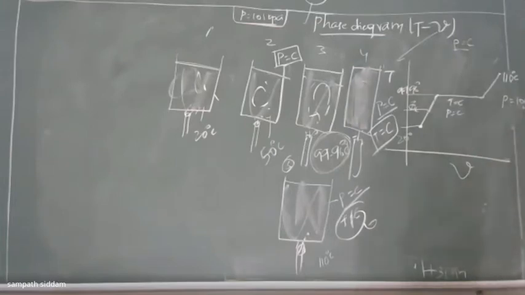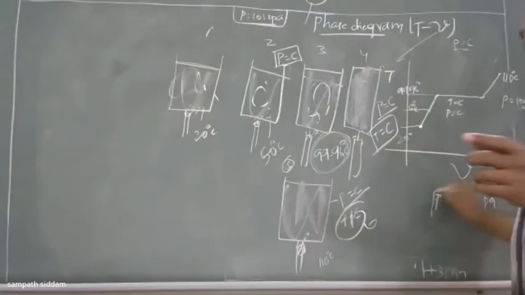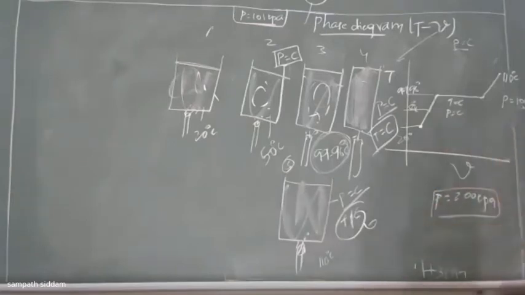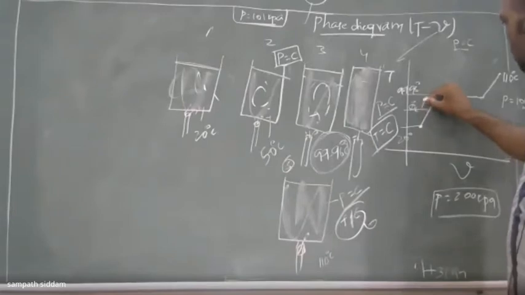Okay, next, the second case. This first case is done. In the second case, I'm going to consider the pressure as, let me take, maybe around 200 kPa. Just an example I'm telling you. In that case, if my pressure is higher, obviously the curve which I'm going to get will be higher than the previous one.